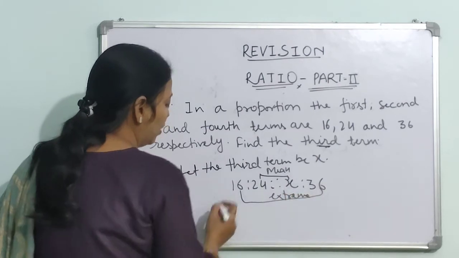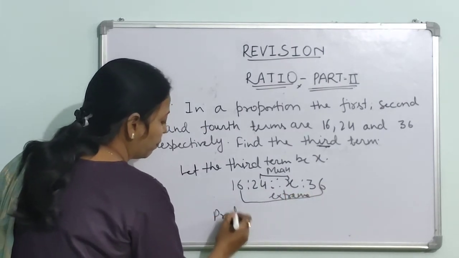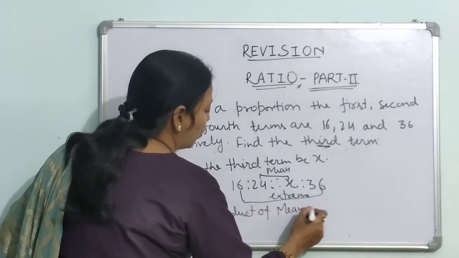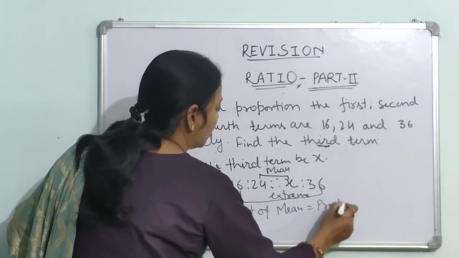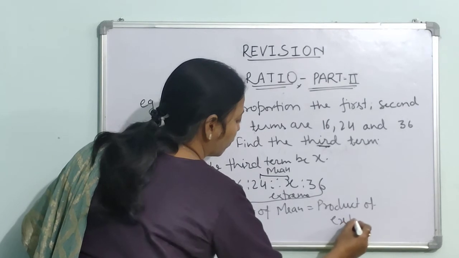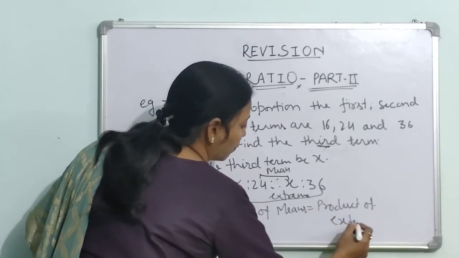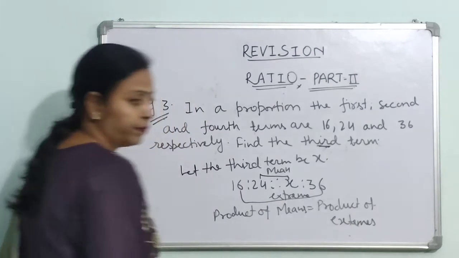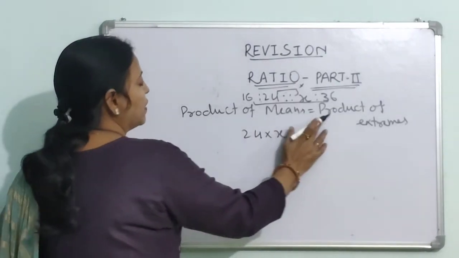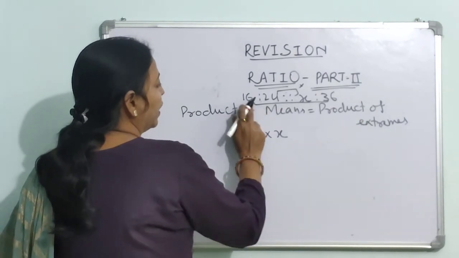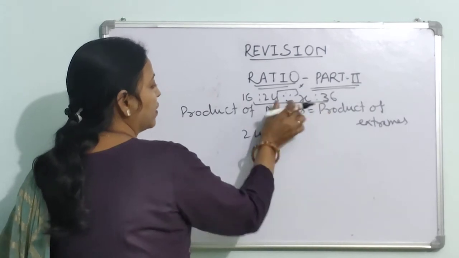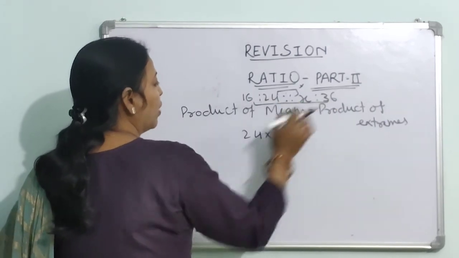Now you know the formula: product of means is equal to product of extremes. Here the proportion is 16 is to 24 in proportion with x is to 36. These two are the mean terms and these two are the extremes.